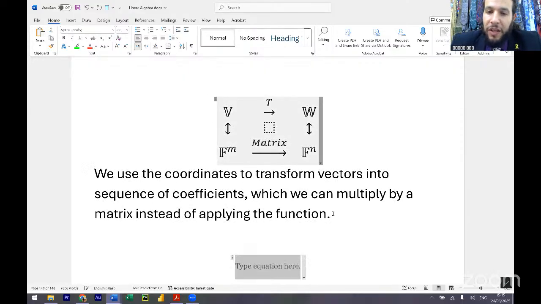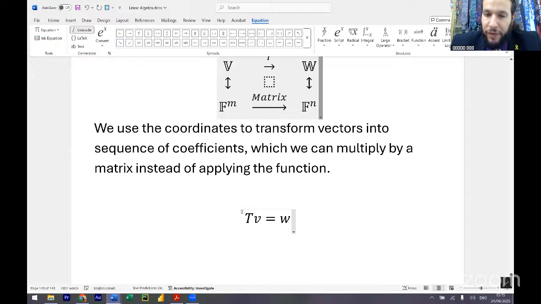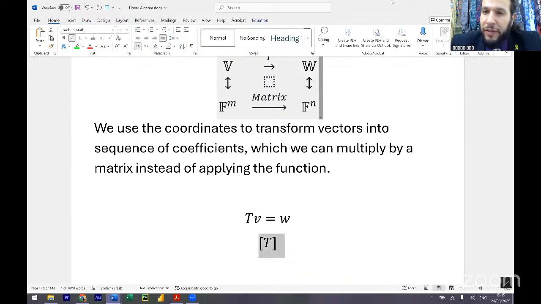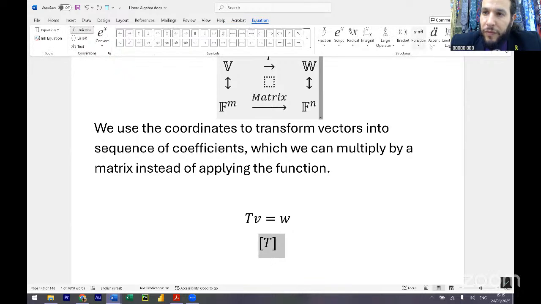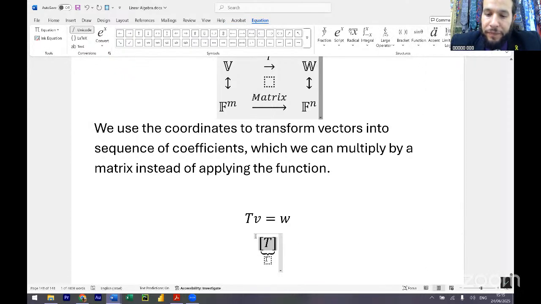So if we know that T(v) equals w, say the matrix is denoted by this. This is a matrix. What will we multiply it by?